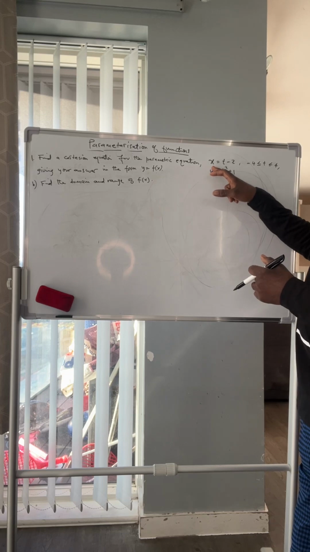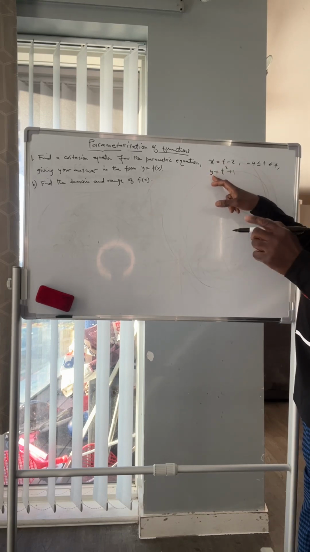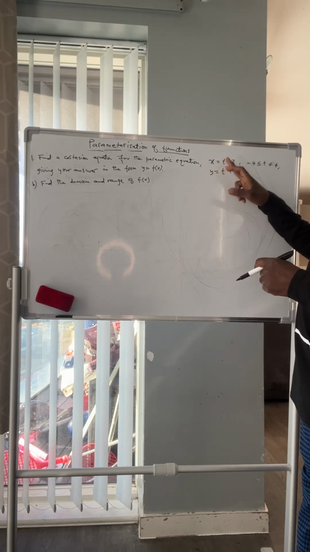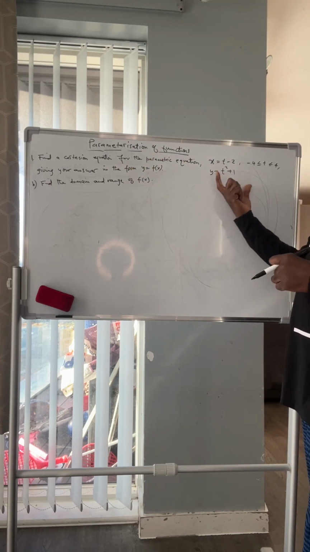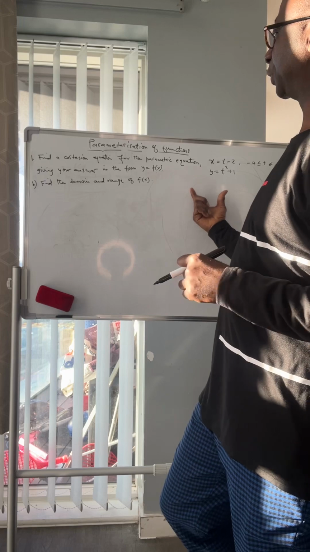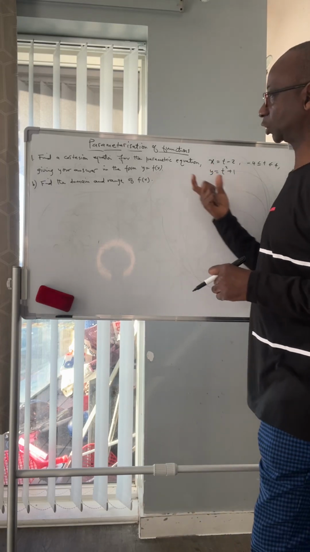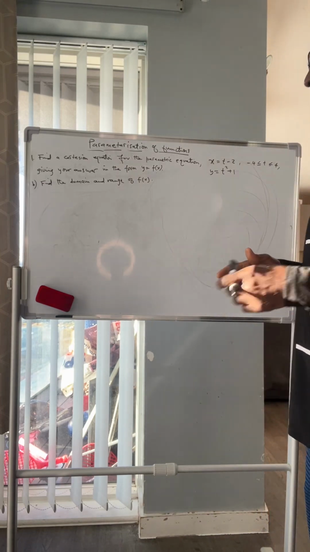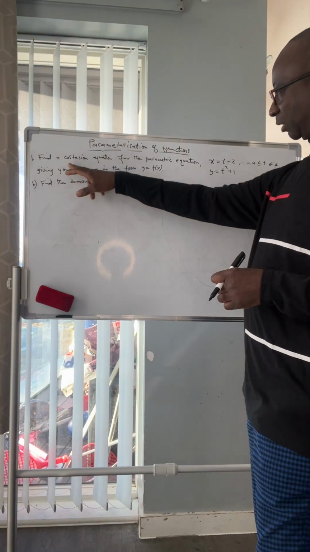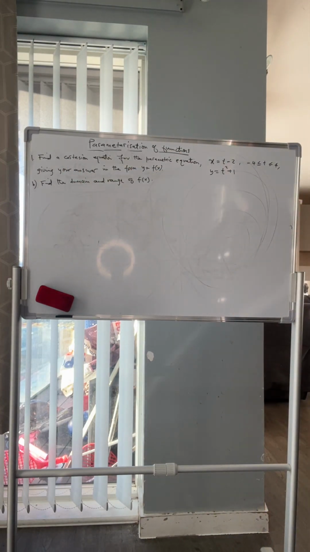You have x, t, y. It's 3 variables. That is the parametric equation. But what they want you to do is to reduce these variables to only 2 so that they can fit in the xy plane, or in the Cartesian coordinates, and you find the Cartesian equation. Okay, let's start.